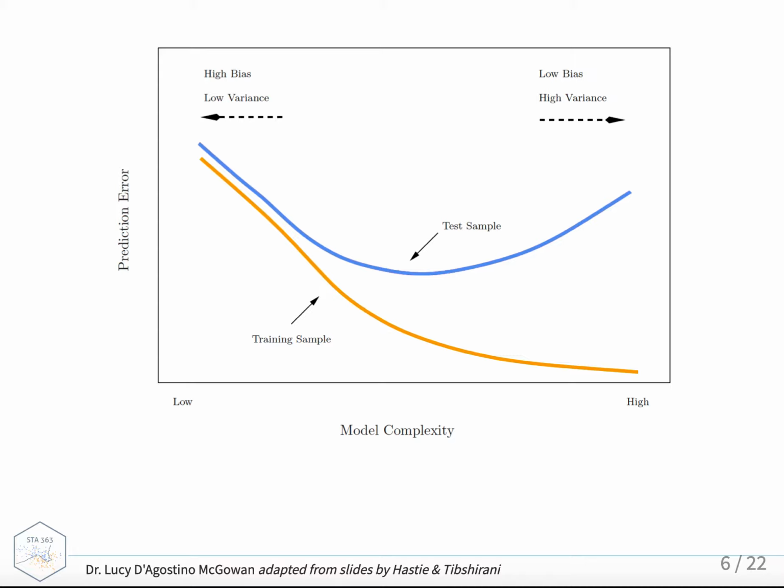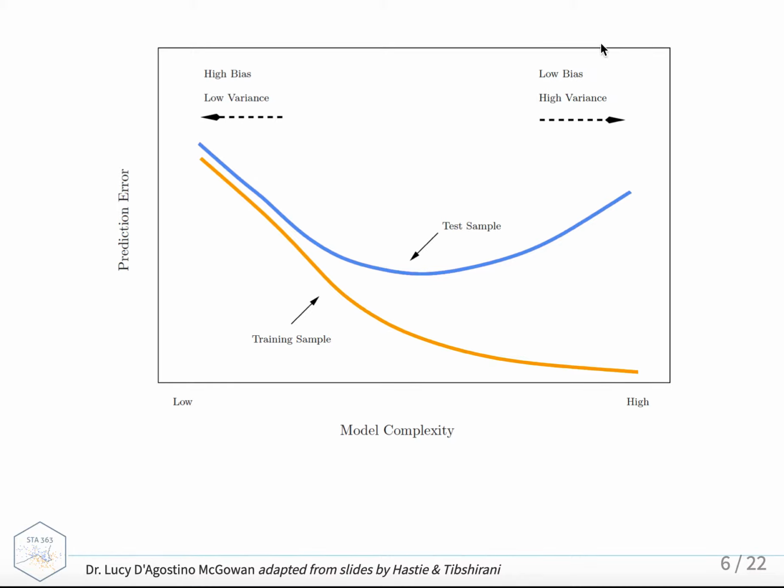And so this plot recreates some of the plots that we talked about two lectures ago, where on the x-axis I have model complexity or model flexibility from low to high, and on the y-axis I have the prediction error. Over on this side of the plot we have high bias and low variance.